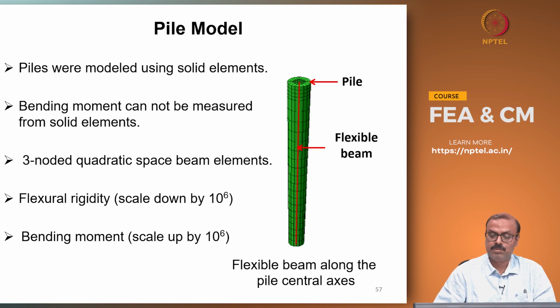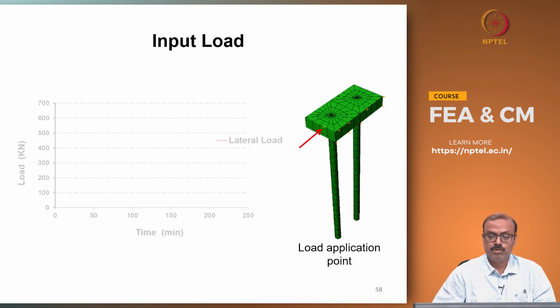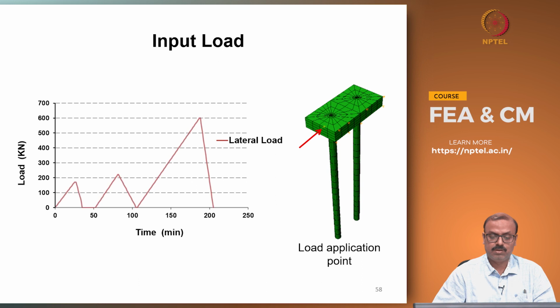Whatever bending moment is computed, we have to multiply by 10 to the power 6. One should keep in mind this is possible only if your structural elements are linear elastic. We assumed linear elastic here, so that is why we are doing this. If it is not linear elastic, we will discuss that in the next, final problem. The input load is basically a triangular pulse load.